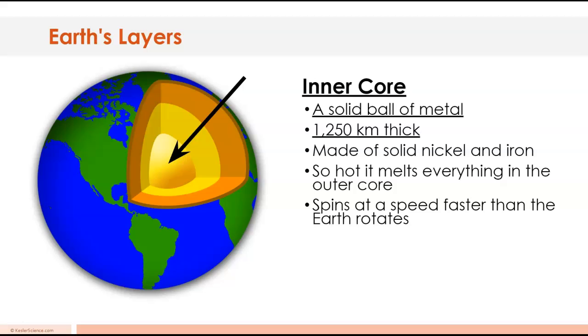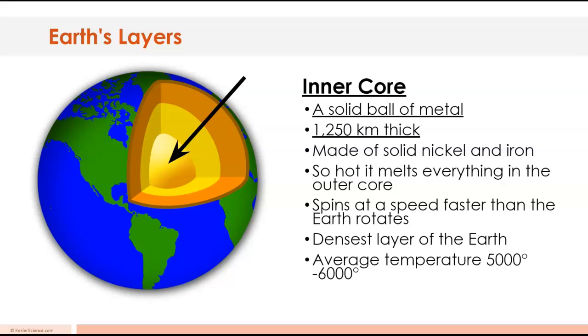So that's actually why the Earth has its own little magnetic field, because of it being solid and spinning in opposition of the outer core. It's the densest layer of the Earth, like I told you before, and it is so hot. It's between 5,000 to 6,000 degrees Celsius. Again, that's hotter than the surface of the sun. So go ahead and hit pause and copy that down.